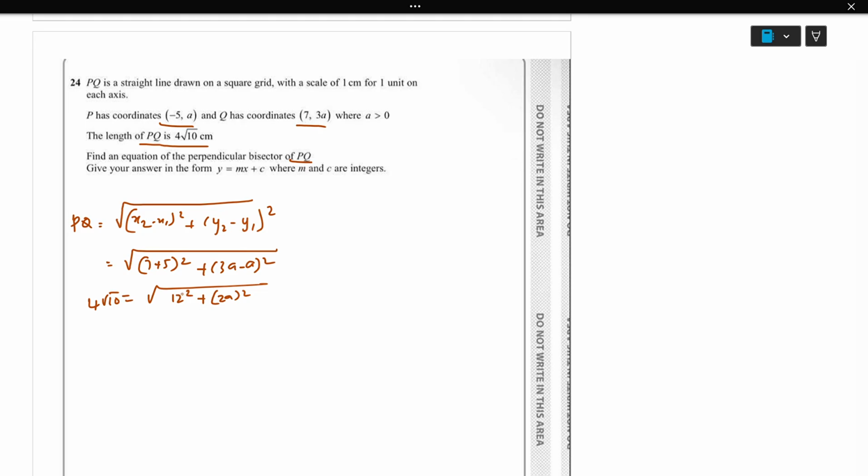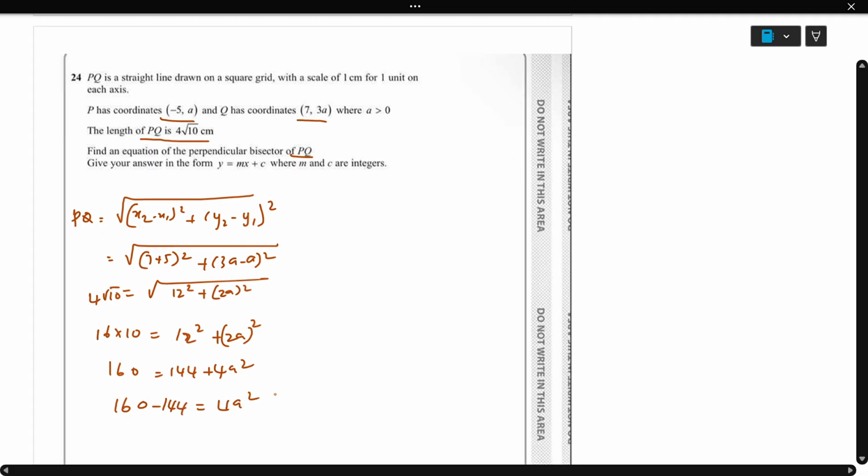So now I'll take square both the sides. The left side is going to be 16 times 10 equal to 12 square plus 2a whole square. This is 160 equal to 144 plus 4a square. So 160 minus 144 equal to 4a square.